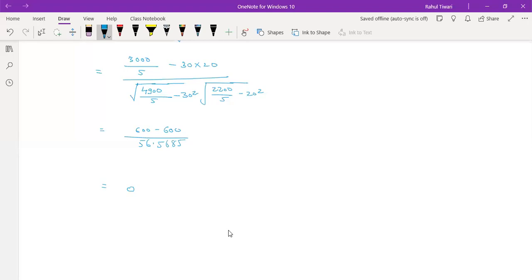So you may get this answer, but the final answer is going to be 0 only. So the value of R will be this much.